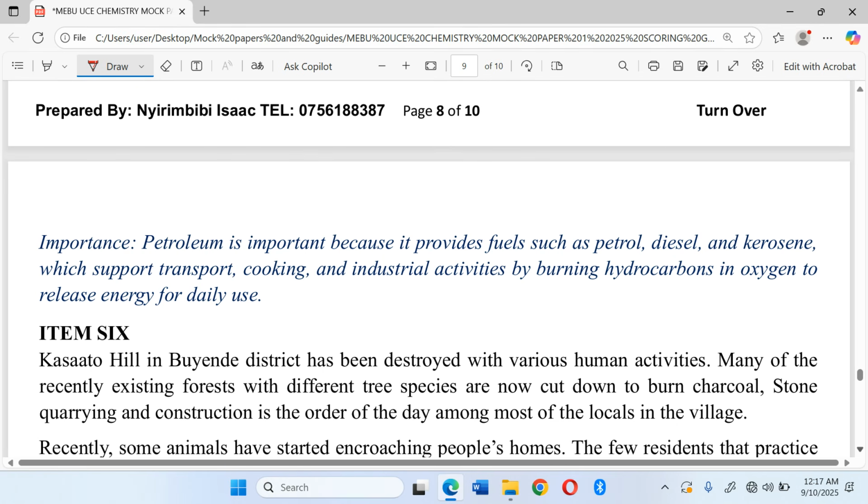So I'm saying that petroleum is important because it provides fuel such as petrol, diesel, and kerosene, which support transport, cooking, and industrial activities by burning hydrocarbons in oxygen to release energy daily.